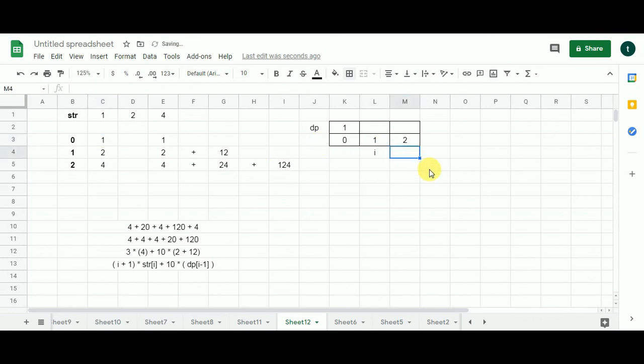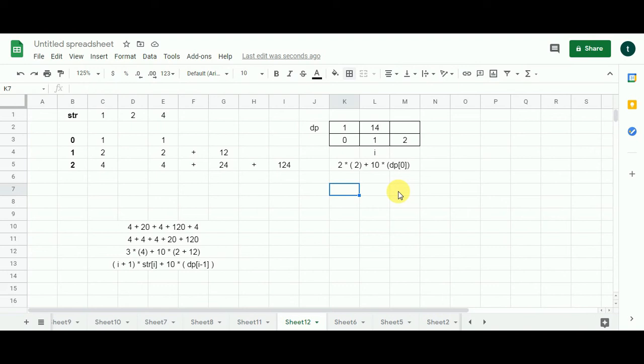So when i is 1, i plus 1 is 2 multiplying str[1], which is 2. Then I have 10 multiplied by dp[1 minus 1], which is dp[0]. So 2 multiplied by 2 is 4 plus 10 multiplied by dp[0], which is 1. So 10 plus 4 gives me 14.